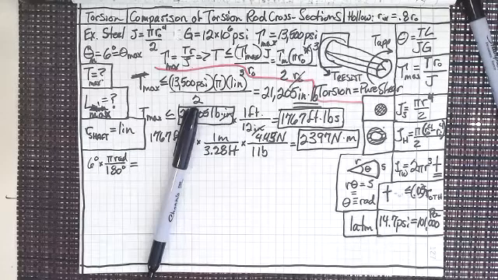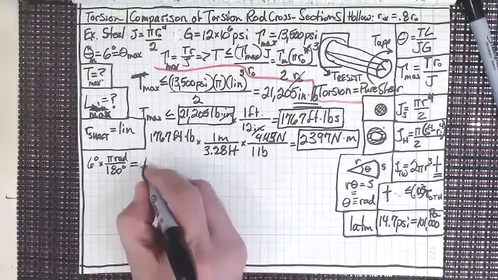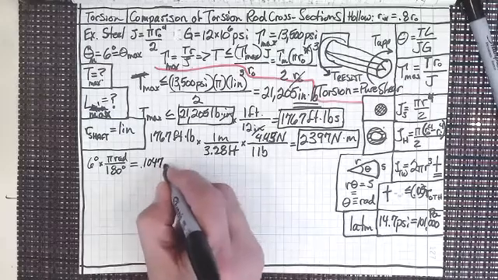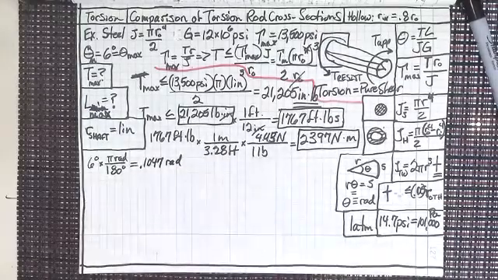But let's just do that. So 6 times pi divided by 180 gives me 0.1047 radians.